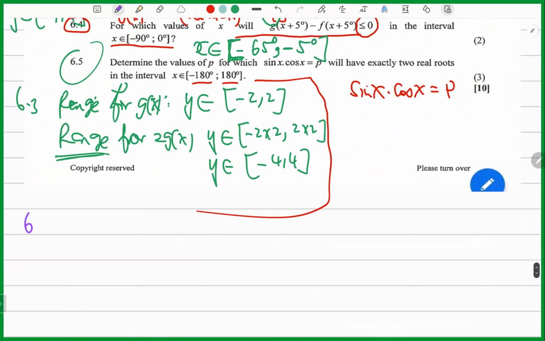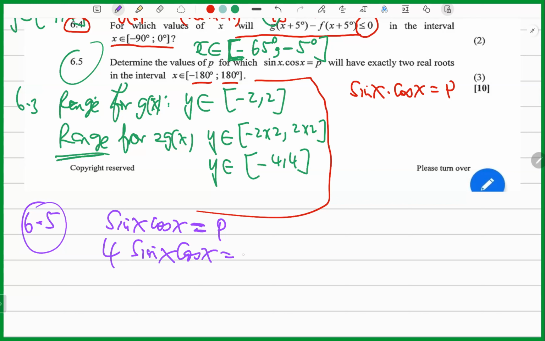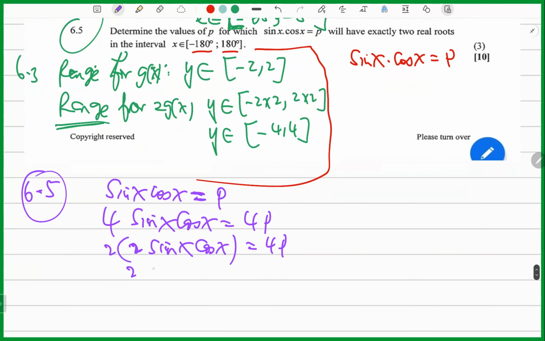Okay, it's an interesting one. We have already seen, therefore, if you multiply by 4, you split the 4, it becomes 2, 2 sine x cosine x equals 4p. In these, what is 2 sine x cosine x? It becomes the sine of 2x, the double angle formula.